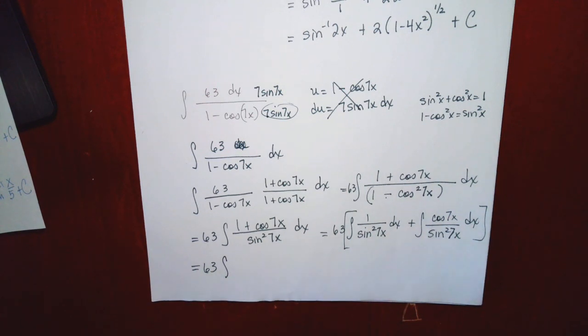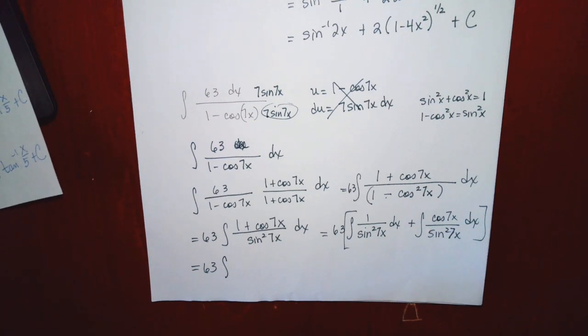It can be written as what? What's the reciprocal function of sine? Co-something. You're close. It's cosecant. Remember, 1 over sine is the same thing as cosecant.